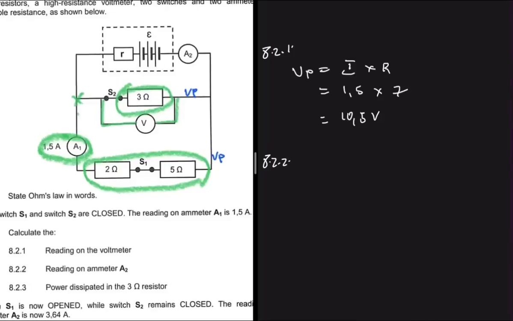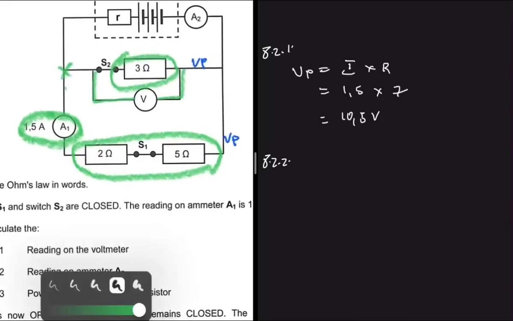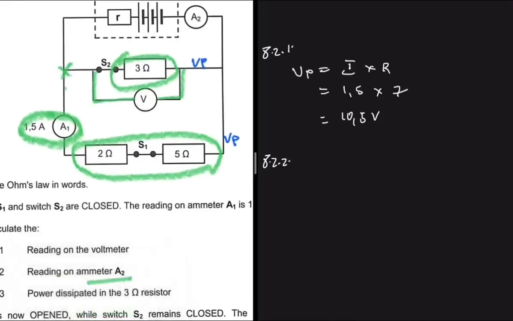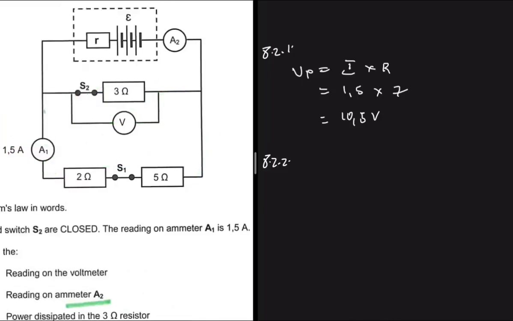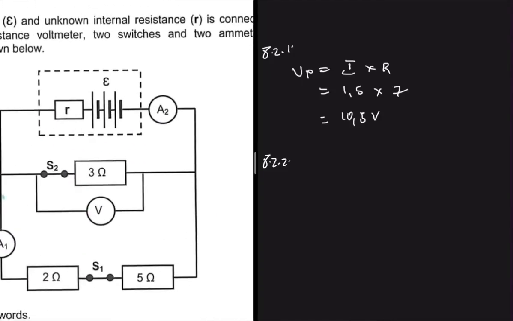8.2.2. What are we looking for? We're looking for the reading on ammeter A2. So right, if we go to our sketch, you're gonna realize that ammeter A2 is here, right? So basically what we're looking for is the total current, because ammeter A2 experiences total current. So we're looking for IT.